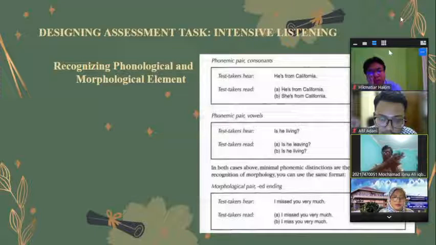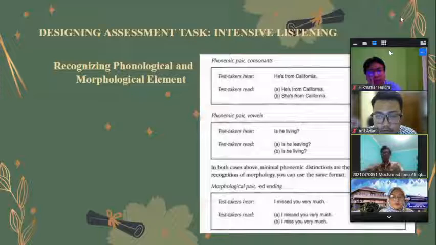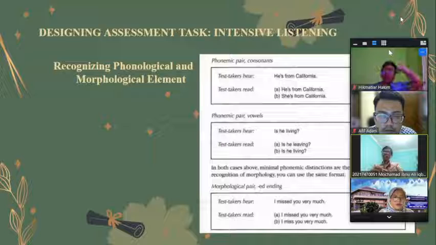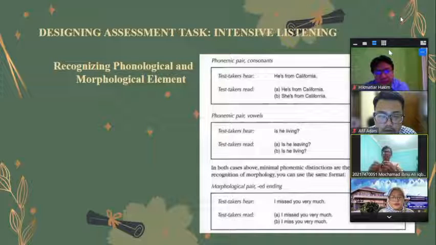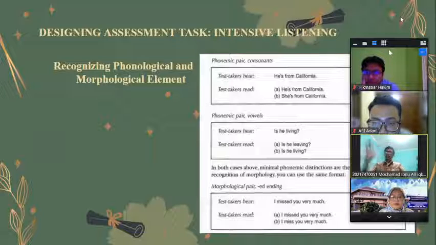And the test taker reads to answer the question like a multiple choice. A, is he leaving? Or B, is he living? You have to make a difference in the vowel. In both cases, the minimal phonemic distinctions are the largest. If you are testing recognition of morphological elements, you can use the same format. Phonemic and morphological use the same format.